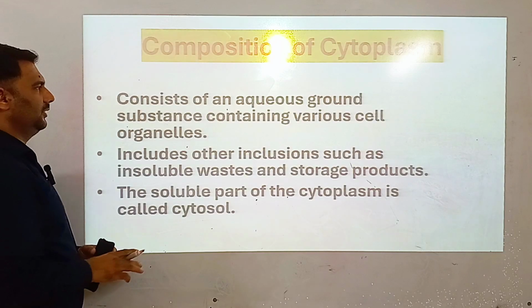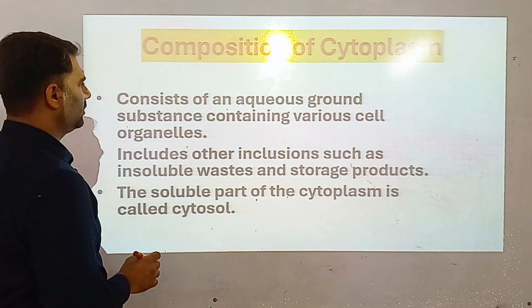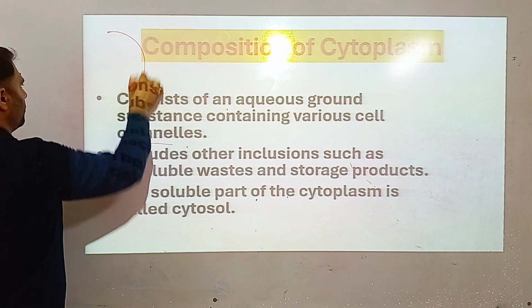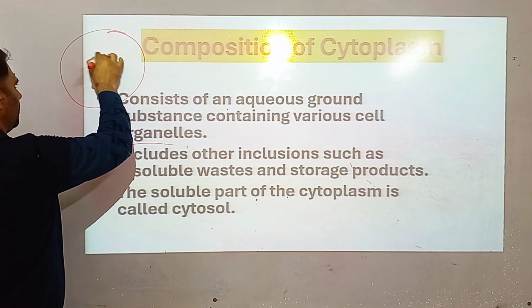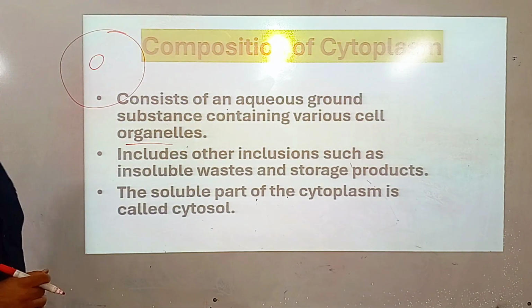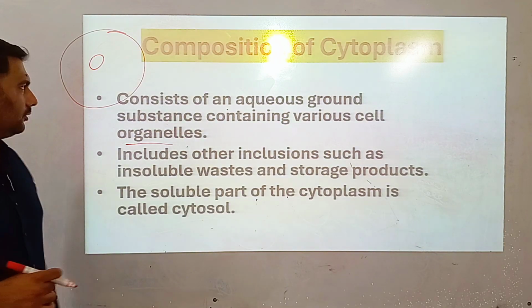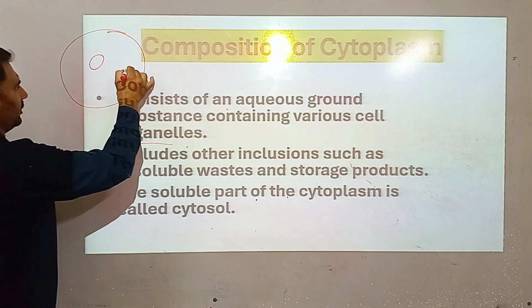Composition of cytoplasm: it consists of the aqueous ground substance containing the various cellular organelles. This is actually like the floor of a room, and we have the furniture and the chairs on this floor. Just like that, this is the cytoplasm.